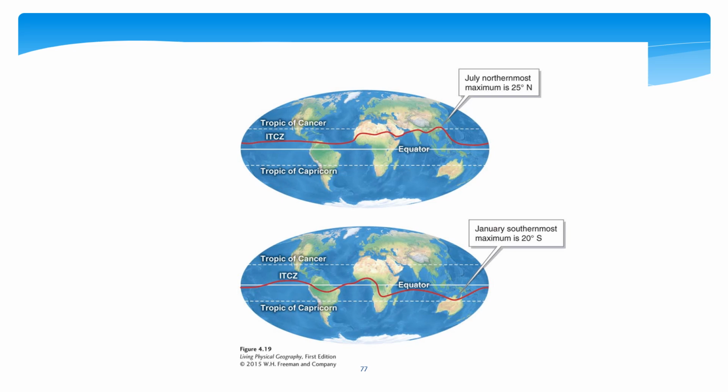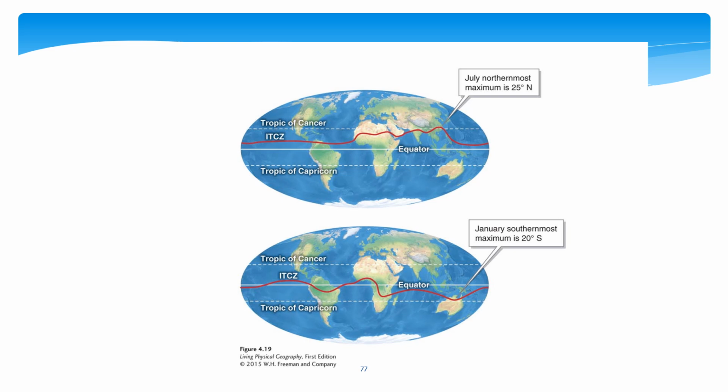So, here's your question I want you to think about for the ITCZ. Ask yourself, what is the relationship between the ITCZ and the subsolar point? Why is the ITCZ confined to the tropics?